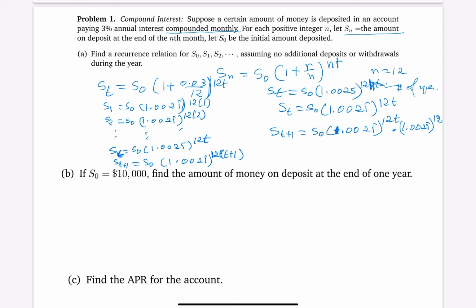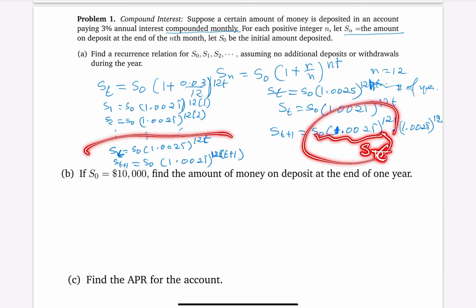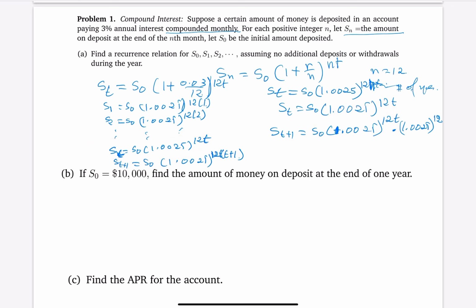Now from here you can tell this part is nothing other than St. Check St, it's right here. So you can just say St plus 1 is just 1.0025 to the 12 times St. That's it.